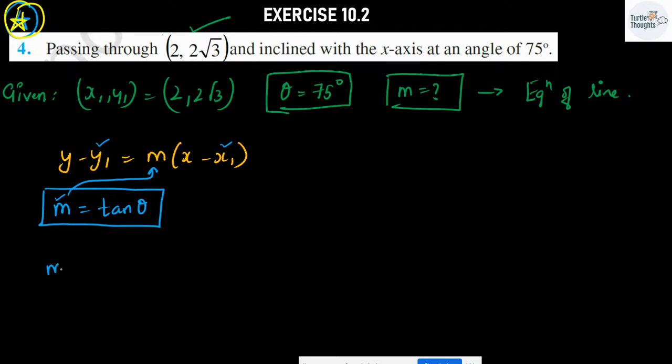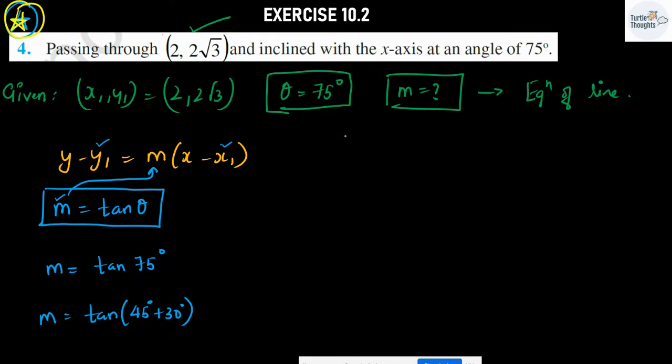So substituting for theta, m will be equal to tan 75 degree. Now, tan 75 degree is not a standard angle. So what can you write this as? You can write this as tan of 45 degree plus 30 degree.